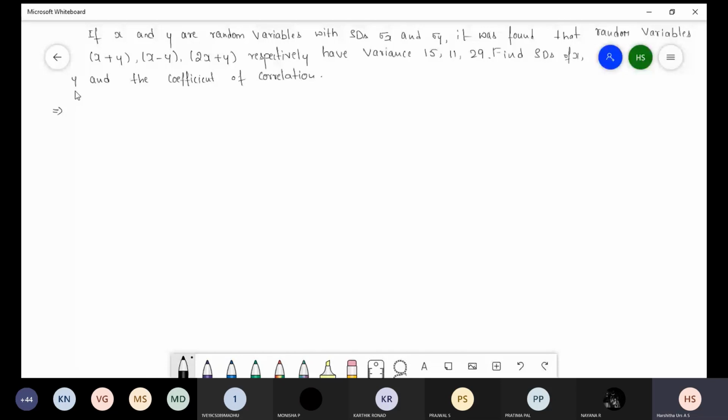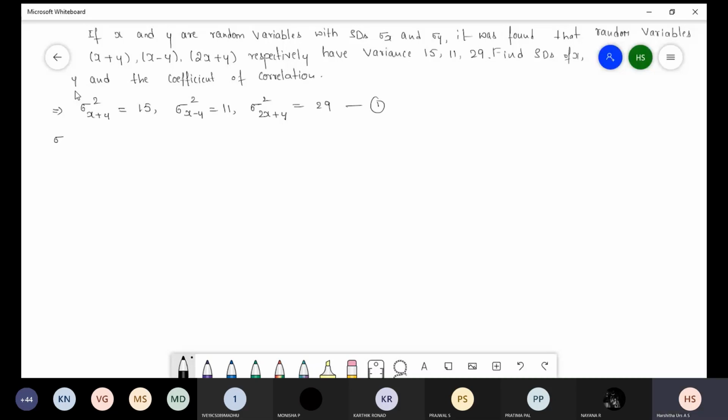So here we have to define, it was found that for random variables, sigma x plus y square, variance means sigma square, that is equal to 15. Sigma x minus y square is equal to 11. Sigma 2x plus y square is equal to 29.